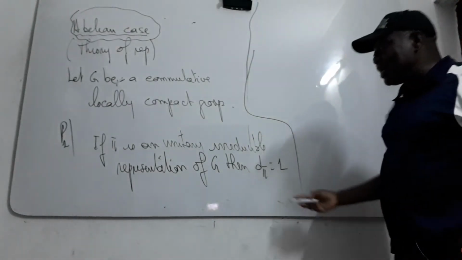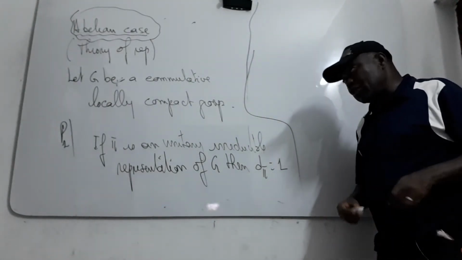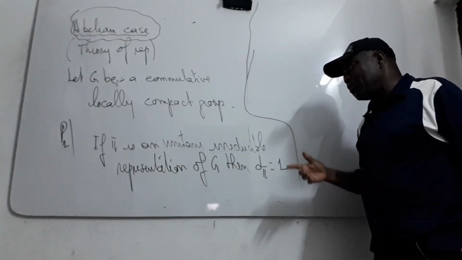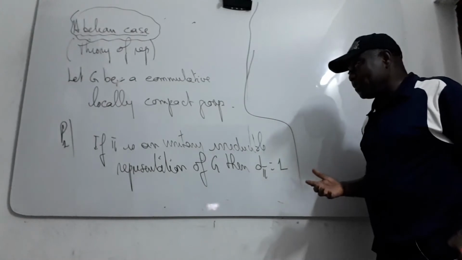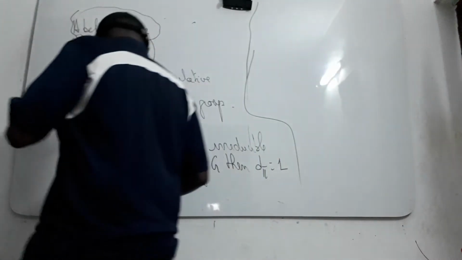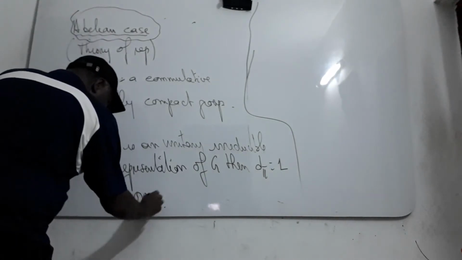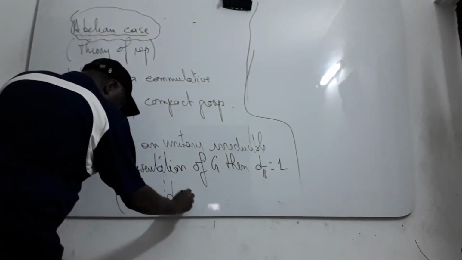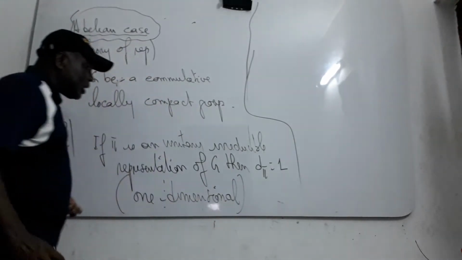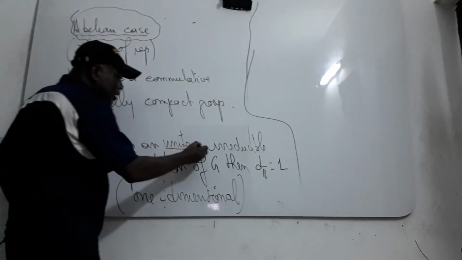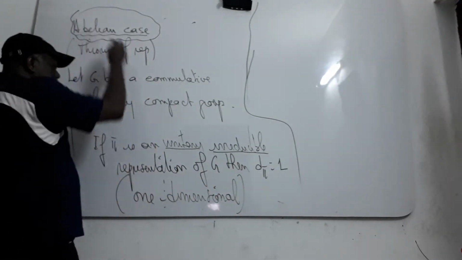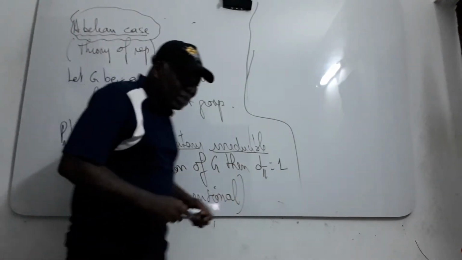the degree of the representation is necessarily equal to 1. Any unitary irreducible representation of an abelian group is necessarily one dimensional.